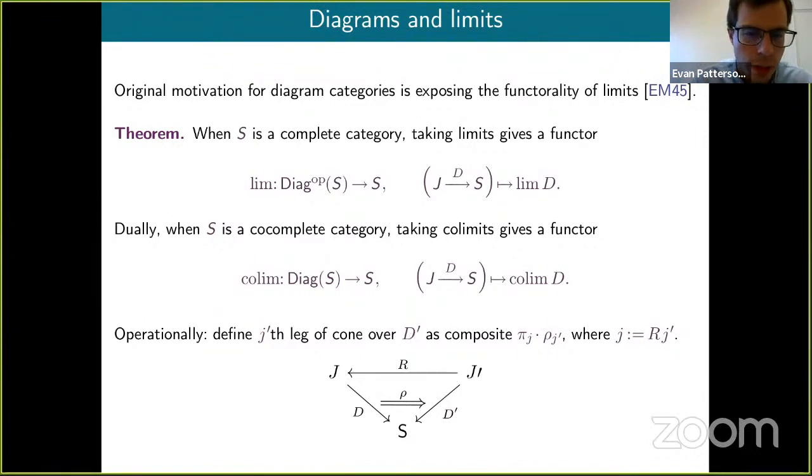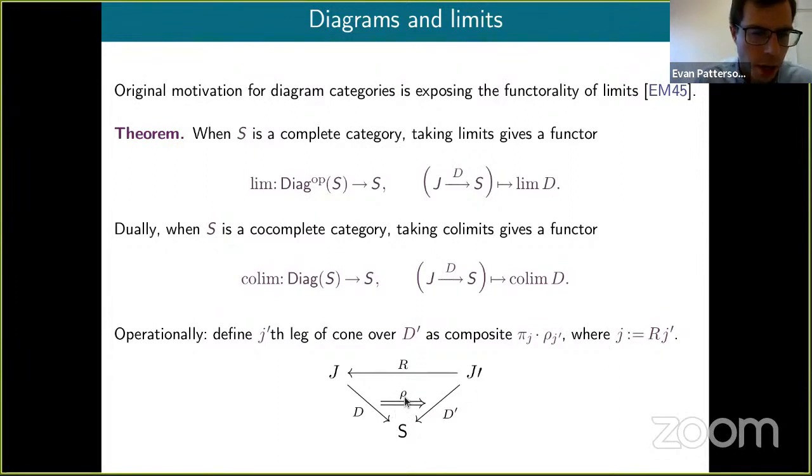Well, I can start with the limit of D. So for every j' in the shape of D', I need to pick some j in the domain shape, and then I project out of the limit of D, and then after that I'm allowed to hit it with the corresponding component of this natural transformation.